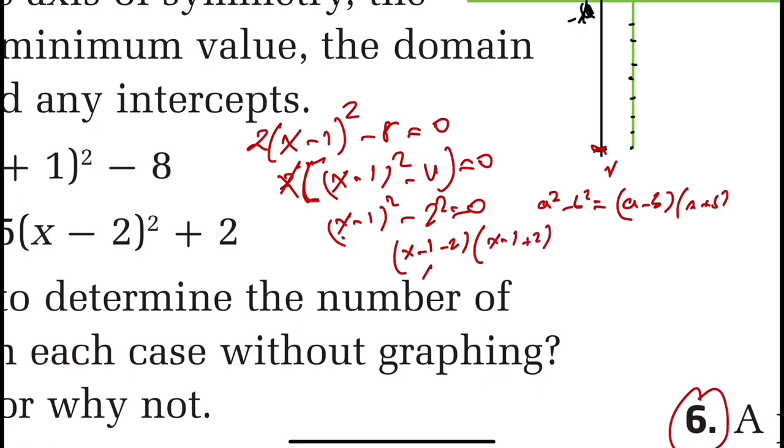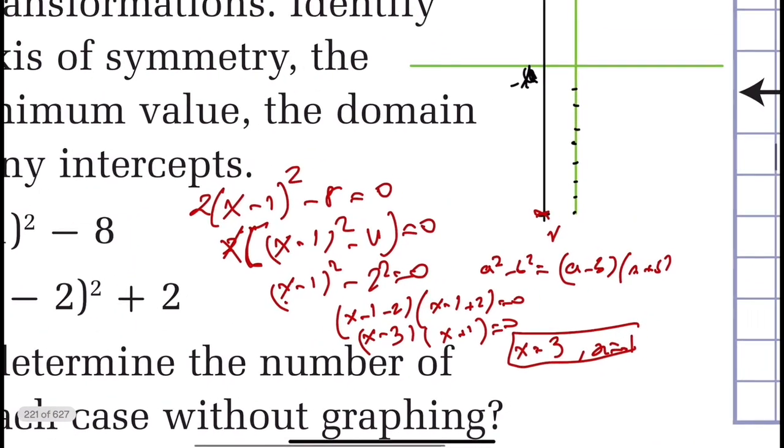This is x minus 1 times x plus 3. Setting this equal to 0, the x-intercepts are x equal to 1 and x equal to minus 3.